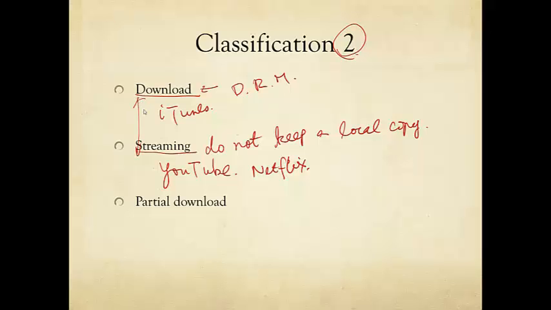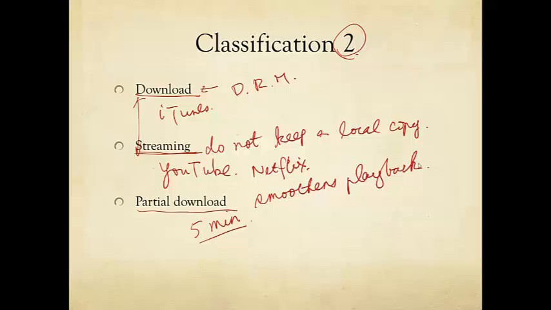Now, in between the two extremes of download and streaming, there is also partial download. In fact, unless it is a very real-time or interactive video, even most streaming is actually a version of partial download. You're going to download, for example, the next 5 minutes of the Netflix movie, and this will help you smoothen the potential jitter. It smoothens the playback experience, and it may start erasing as it is being played back.